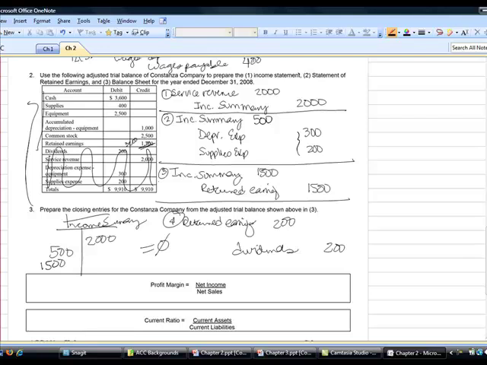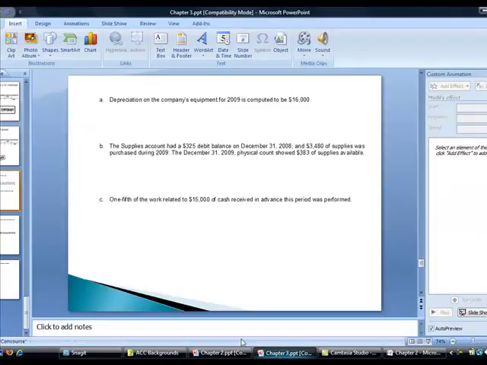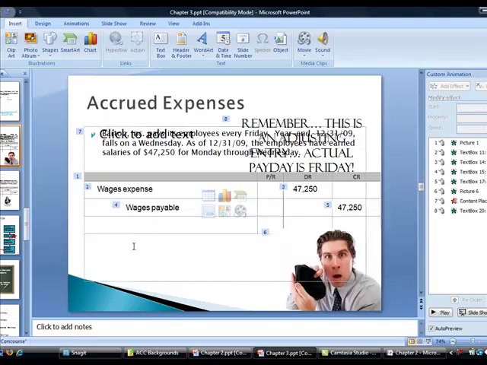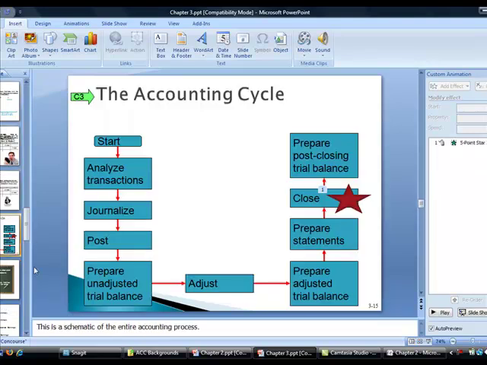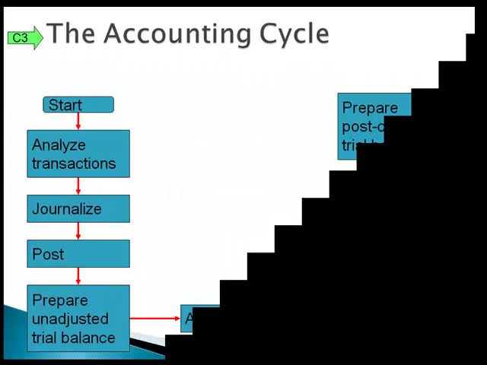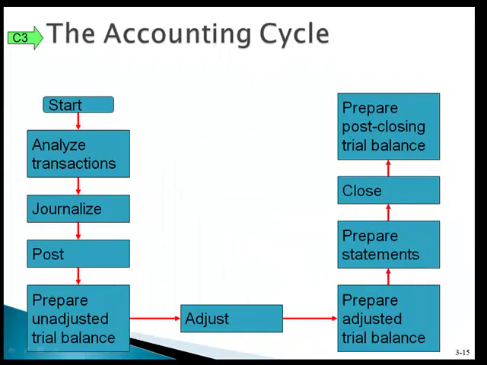So that would be your post-closing trial balance. And that is it for Chapter 3. That's pretty much the entire accounting cycle. We analyzed, journalized, and posted in Chapter 2. We prepared an unadjusted trial balance, and we looked at any additional entries that we needed to make when nothing really happened.